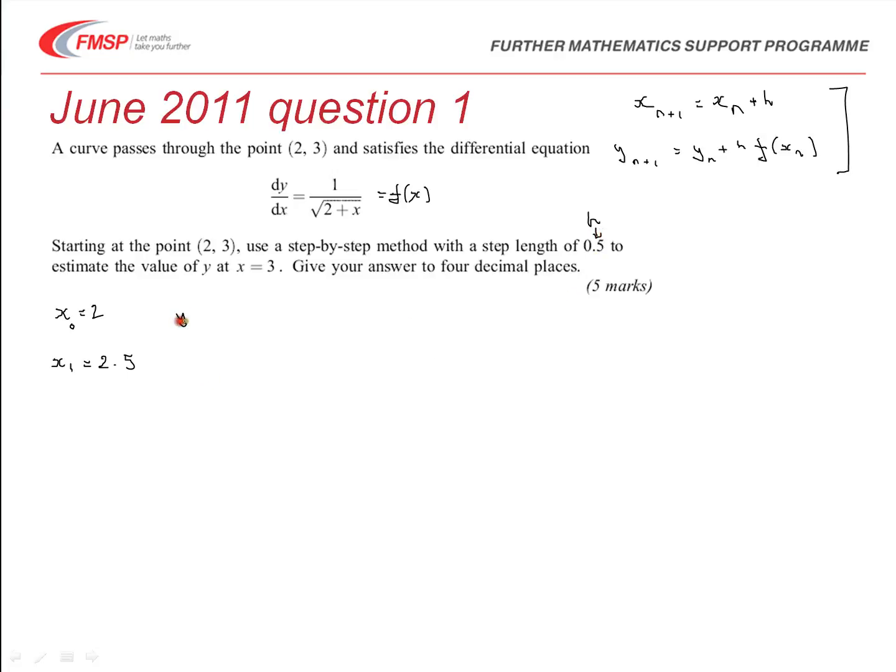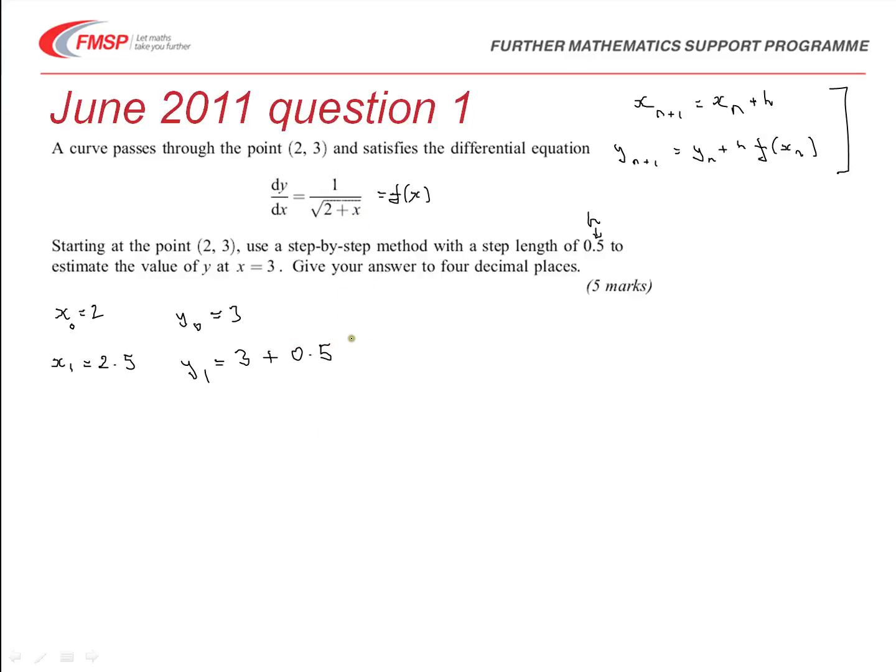Our initial y value is 3, so to work out our new y value we take the old y value and add on 0.5 times the value of the gradient at whatever the value of x is.